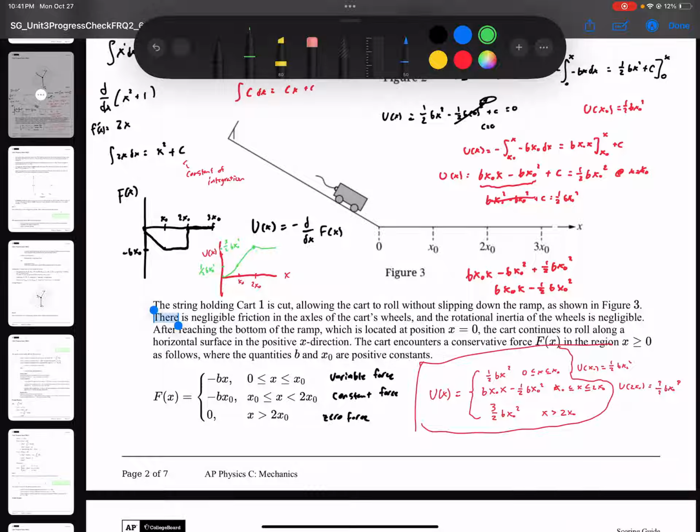Then the amount of additional energy stored by the force is bx naught squared. And then finally, at the very end, it maintains a constant value of 3/2 bx naught squared. And that's basically what the potential energy function looks like.